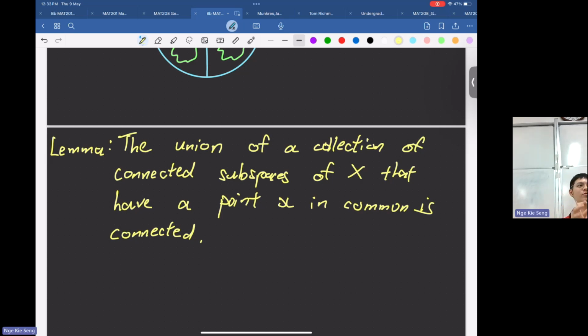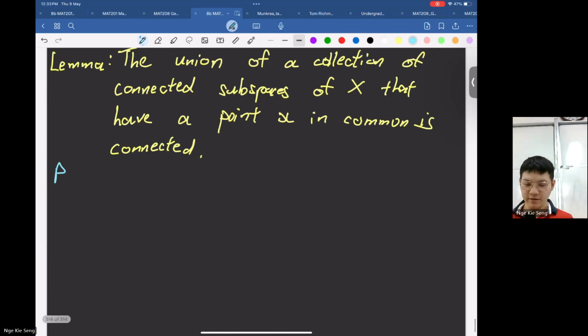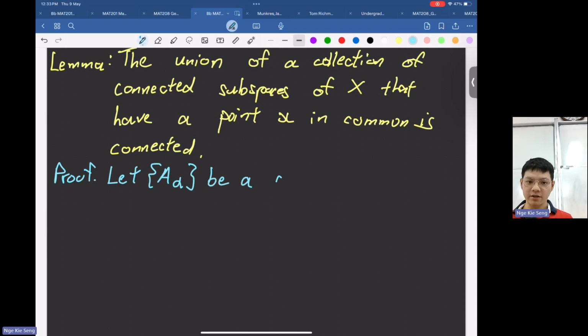Okay, I want you to take a close look at this proof, because this proof is really very animated. Please follow this proof. See how animated it is. Okay. So let's start with: let A alpha be a collection of connected subspaces. Okay, so this is given by the question.